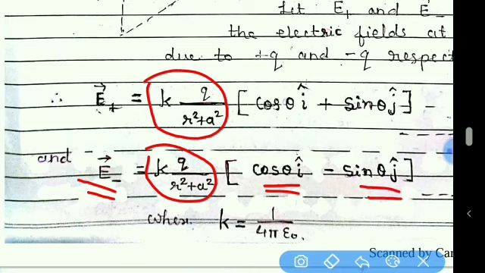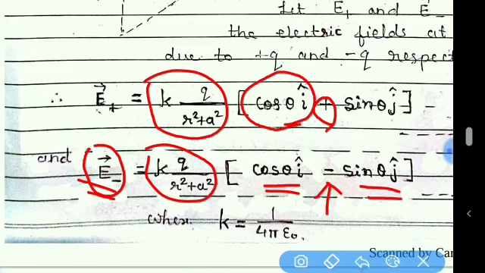Now you can see here there is a negative sign because y component of electric field due to negative charge is towards downward. Here the positive is because the y component is towards the positive y direction, while the x components for both the charges are towards positive sides.